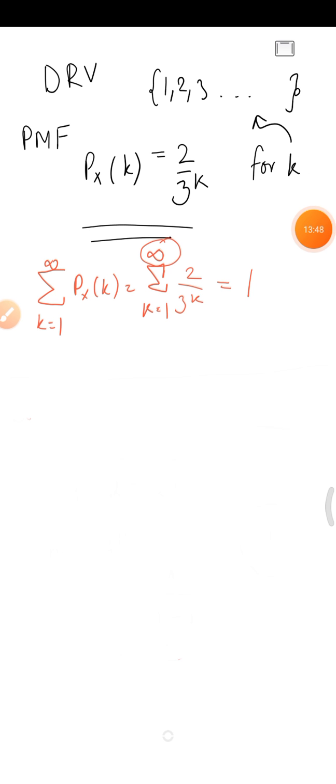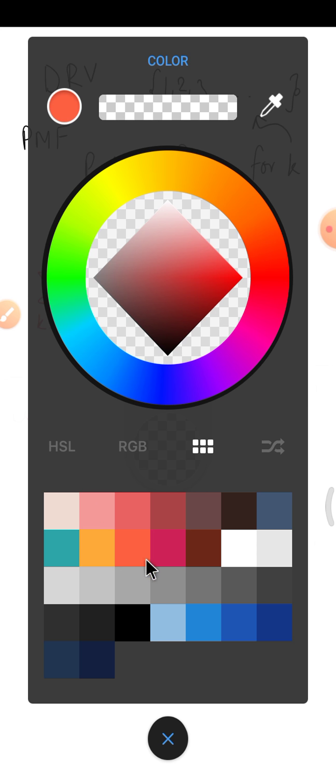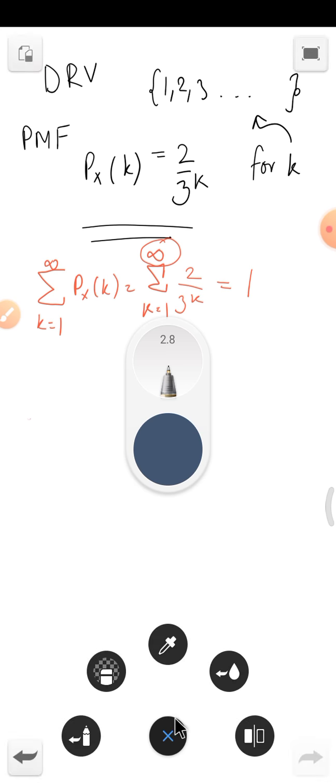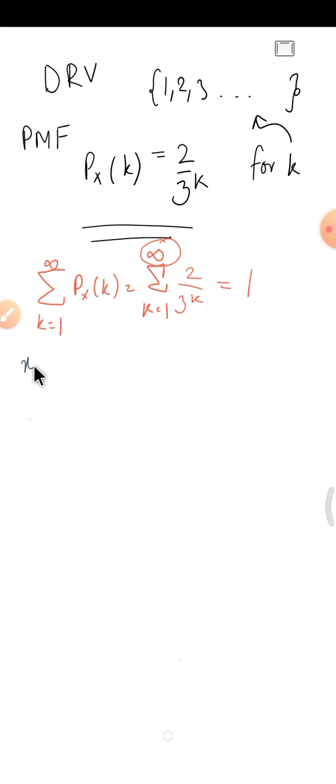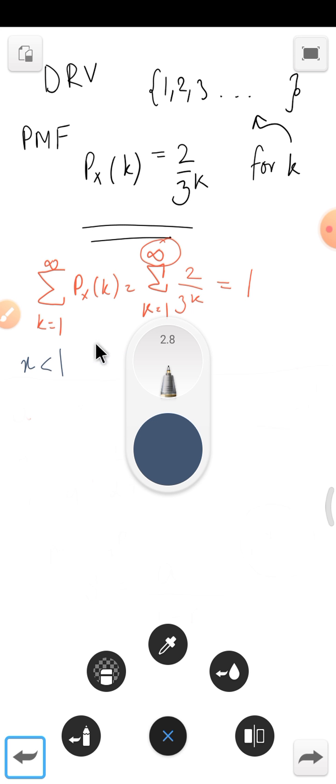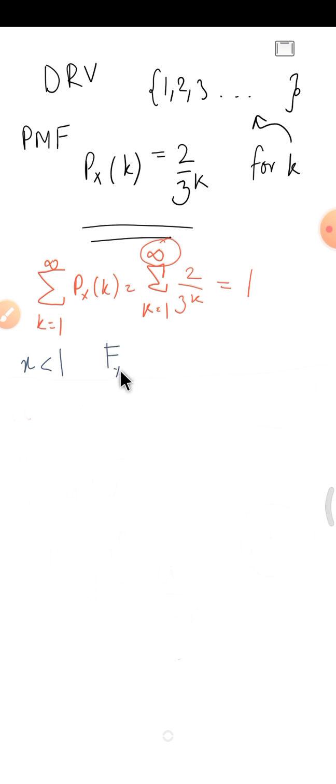So coming back to the question, we have to find the CDF. We can see that k has the initial value 1. So we can confidently say that for x less than 1, F of x, which will be equal to P of x less than 1, will be 0.